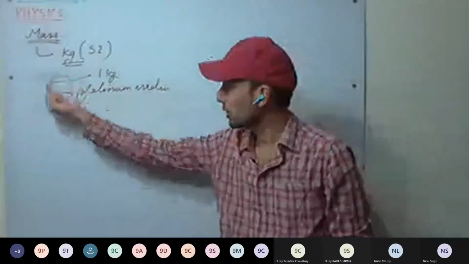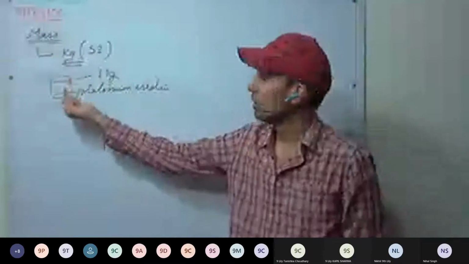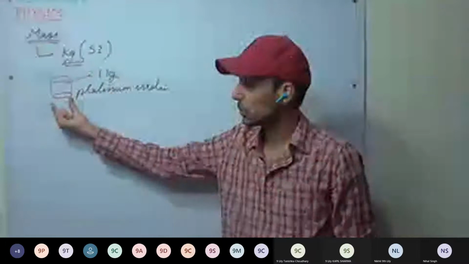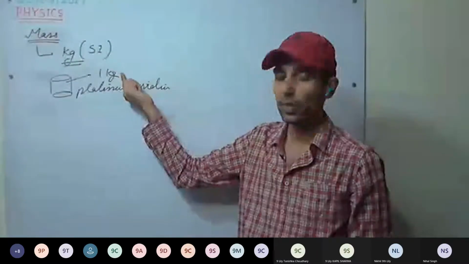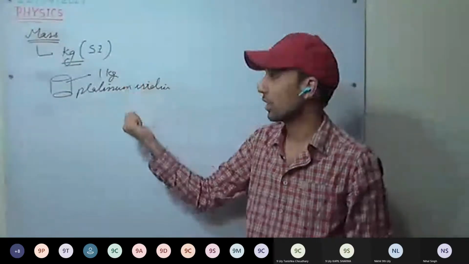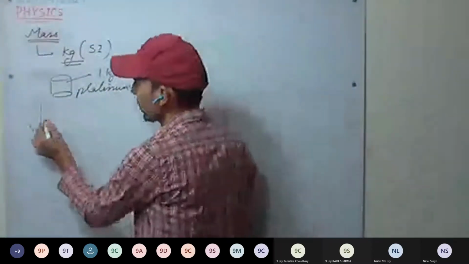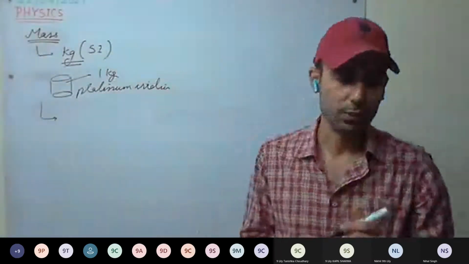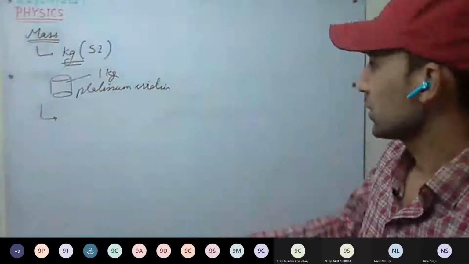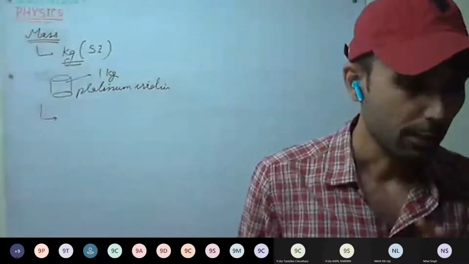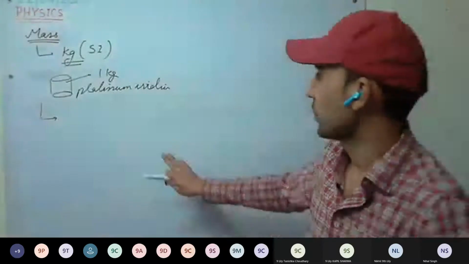Whatever the mass of this cylindrical piece of platinum iridium is, that is considered as 1 kilogram. This we have defined. Now it is redefined as well using Planck's constant, but we won't go into detail. It's very complex; Planck's constant is measured using some electromagnetic force.